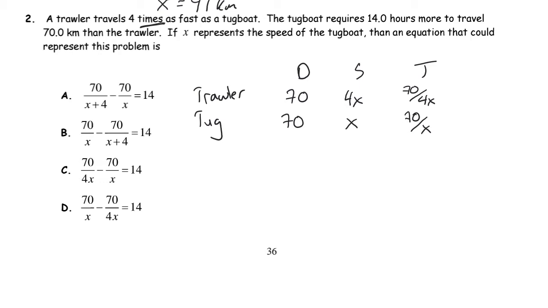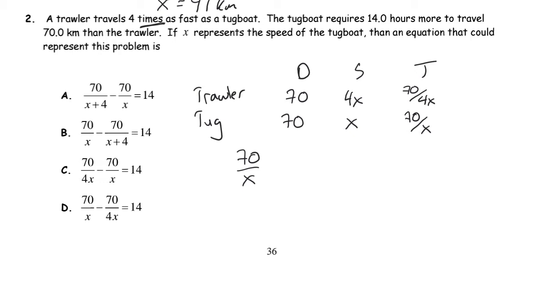Now, it says the tugboat requires 14 hours more. Now, the temptation is to do this. The temptation is to say, well, if it takes the tugboat 14 hours more, we better add 14 to it. But then you're misunderstanding the problem here. The tugboat takes 14 hours more. Whatever the time is that the tugboat takes to get there, it's already 14 hours more than the other one.